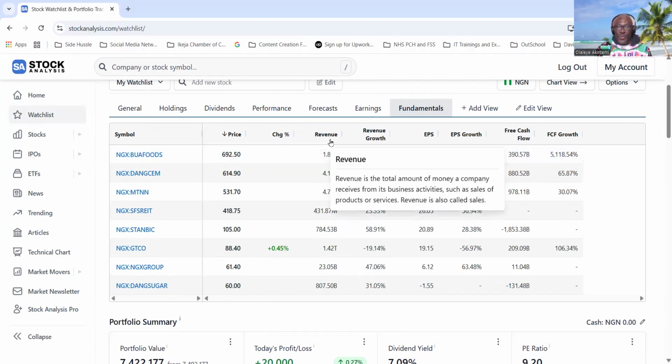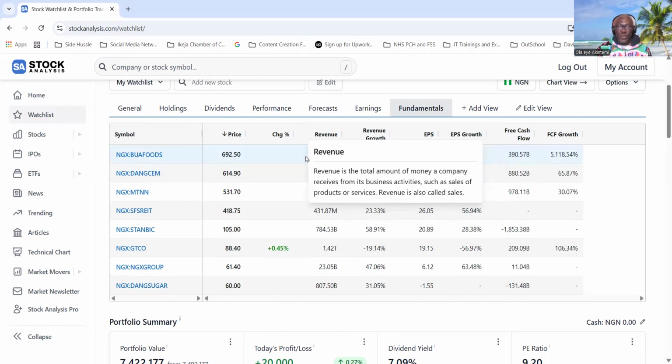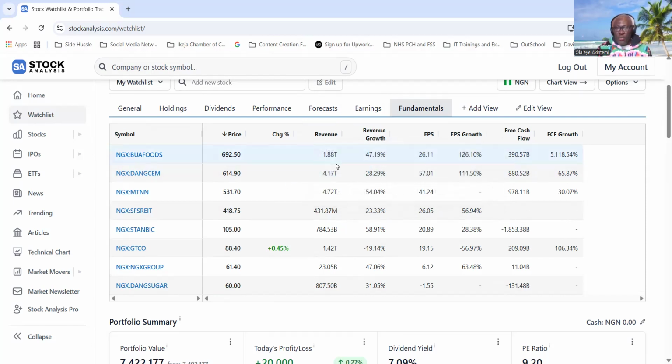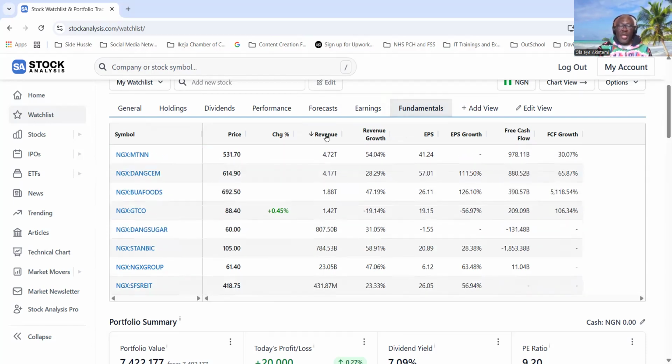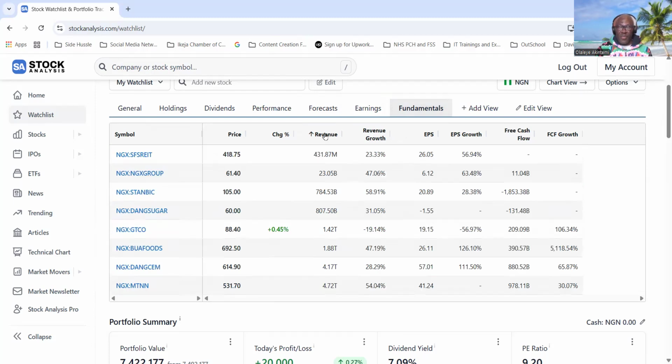And the revenue of Boa Food is 1.88 trillion. The revenue for Dangote Cement is 4.17 trillion. Revenue for MTN is 4.72 trillion. Again, you can arrange this statement to show the one with the highest revenue.